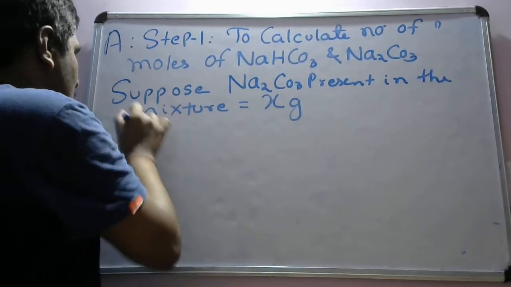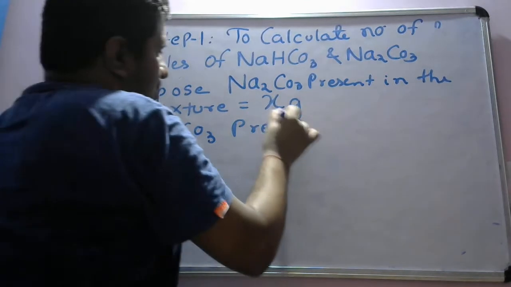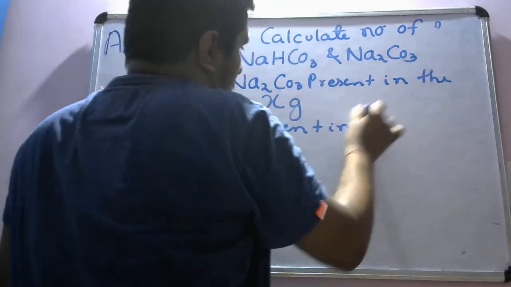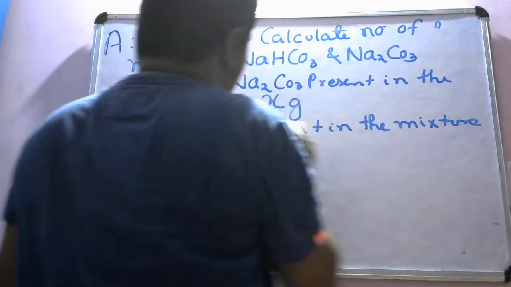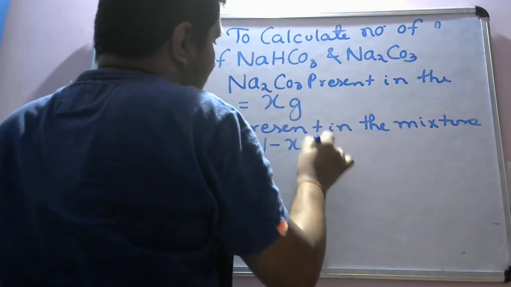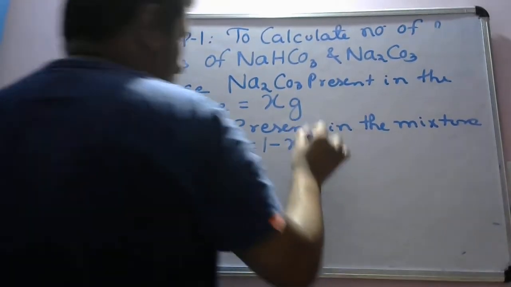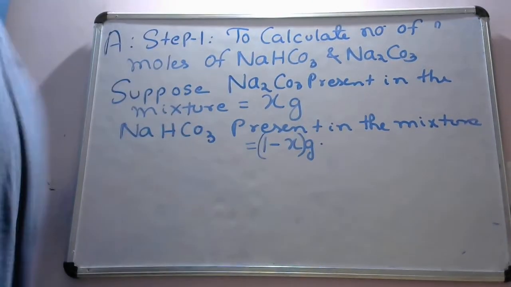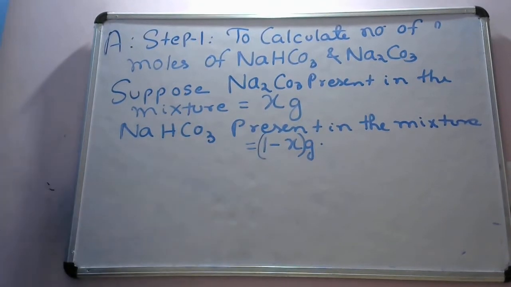So NaHCO3 present in the mixture is equal to 1 minus x grams. Obviously the total mass of the mixture is 1 gram. If one is x, the other will be 1 minus x.